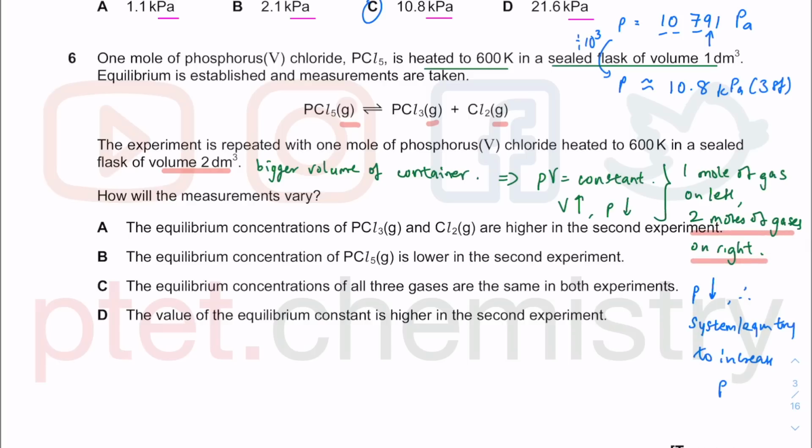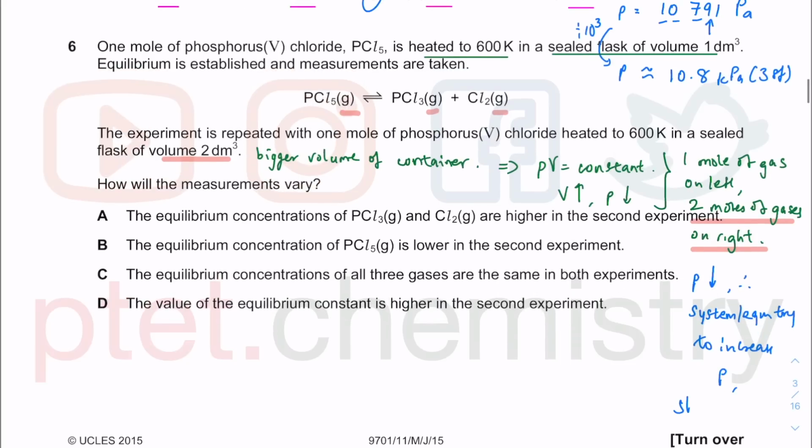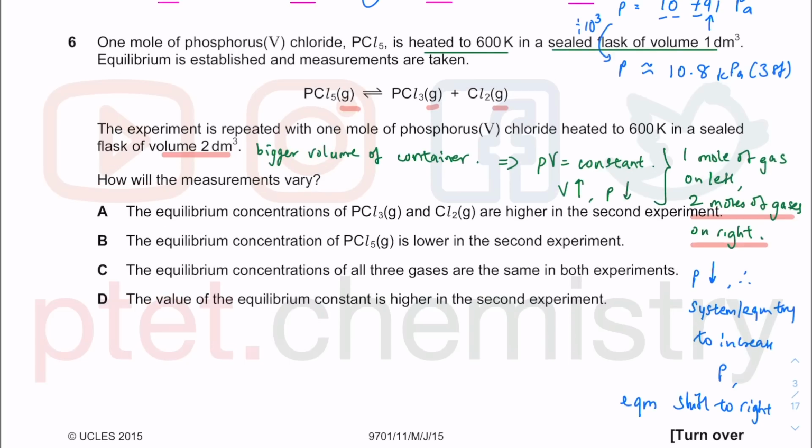Therefore, it will shift to the right-hand side because the right-hand side has greater molecules of gases. Therefore, there is more collision with the walls, therefore greater pressure. This will oppose the change, which is lesser pressure as a result of the greater volume there. So equilibrium shifts to the right where I have greater number of molecules of gases.